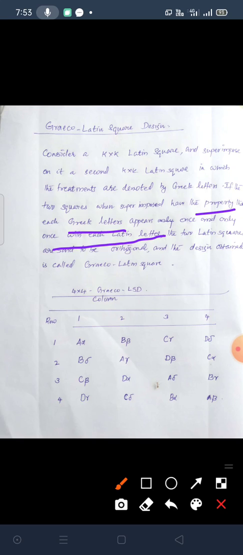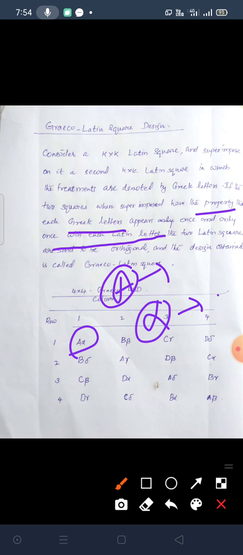Here, suppose A and alpha. A is one treatment from the first Latin square, alpha is another from the second. So you cannot find this combination in any other cell.